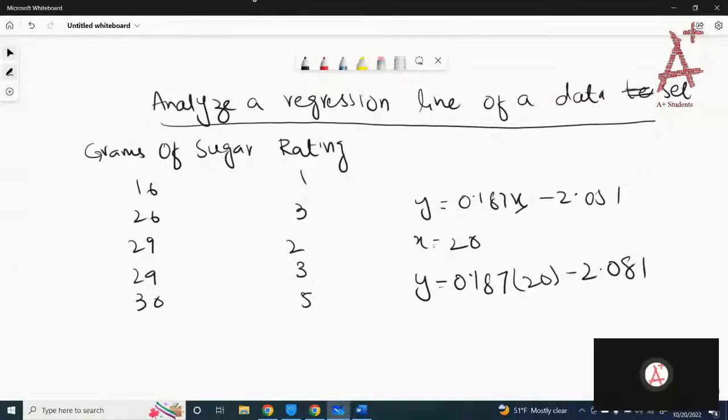Just calculate the value. It would be 1.689, or approximately, the least square regression line predicts an approximate rating of 2 for a pudding cup with 20 grams of sugar. That means if the x value is 20, the approximate y value is 2. Got it?